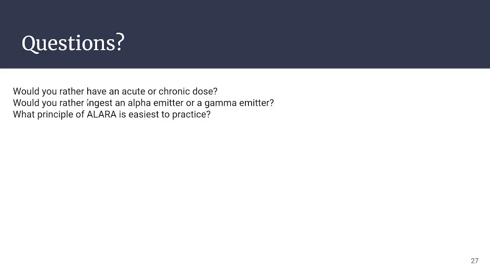So next question: would you rather ingest an alpha emitter or a gamma emitter? If I force fed you a radionuclide, would you rather that thing be launching off gammas or alphas into you? Yeah, gammas.